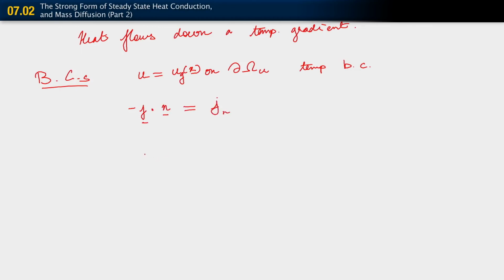What the n there is doing is that it is the unit outward normal to the boundary. It's a vector field. So when we look at minus j dot n, given that n is a unit outward normal, we are controlling the heat influx.